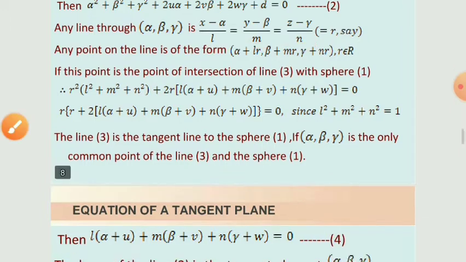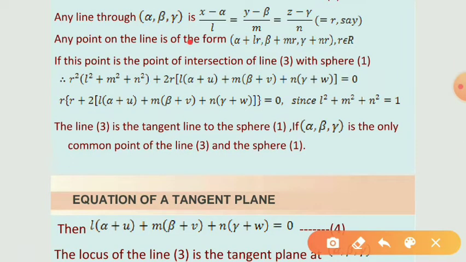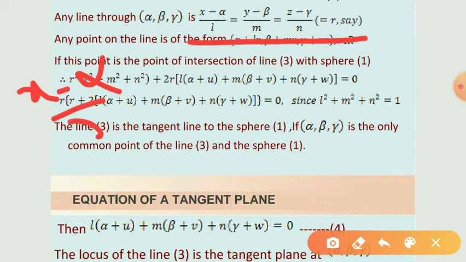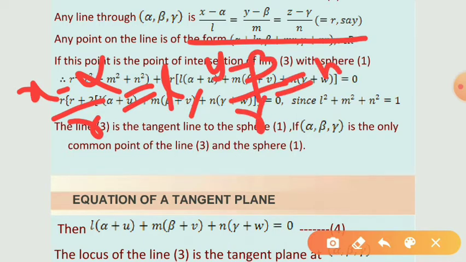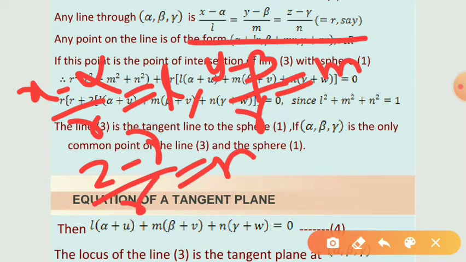Therefore from this we can write (x minus alpha) by R is equal to l, (y minus beta) by R is equal to m, and (z minus gamma) by R is equal to n.